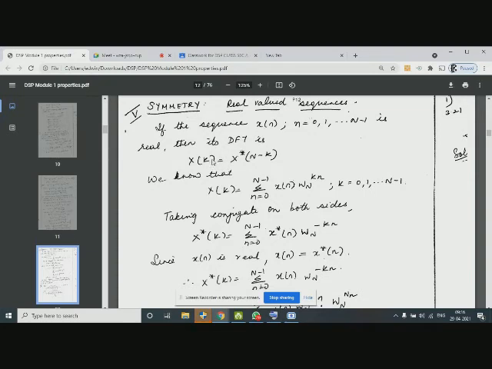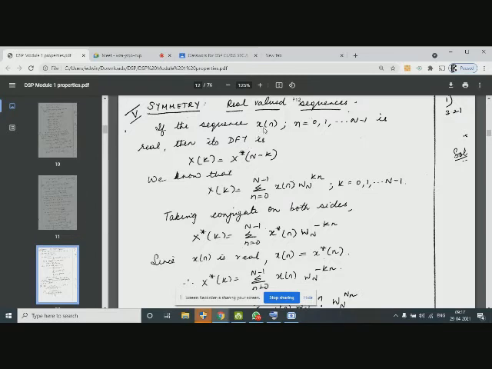X of n is your signal, X of k is your DFT. You want to say that X of k is equal to X star of N minus k. That means you take the conjugate of this at N minus k, it is the same.